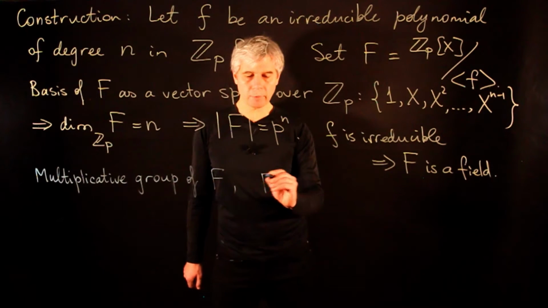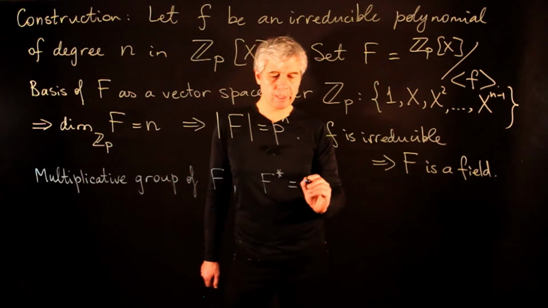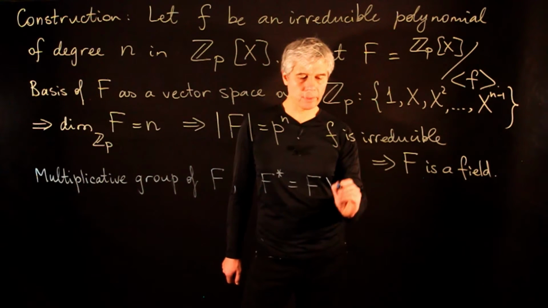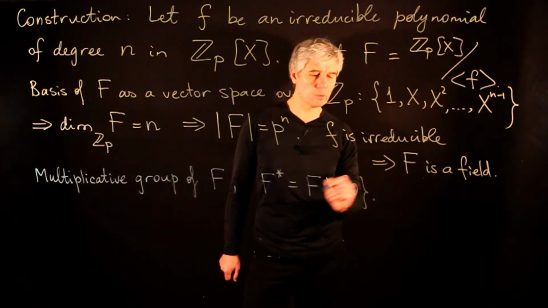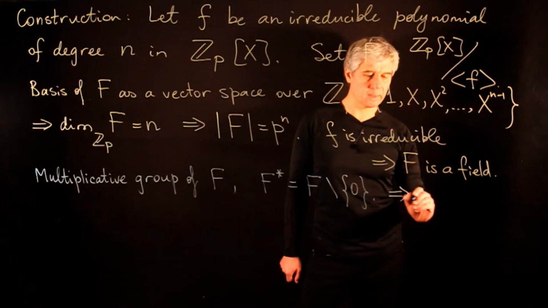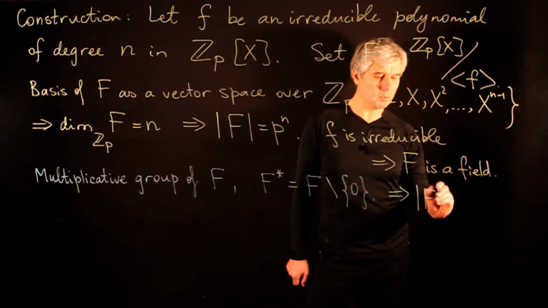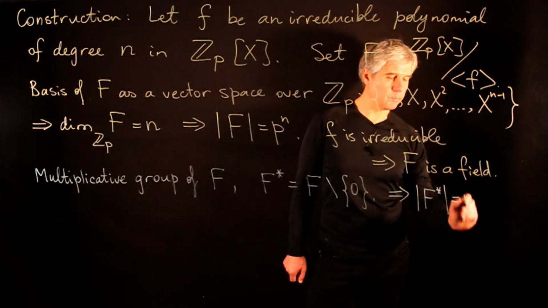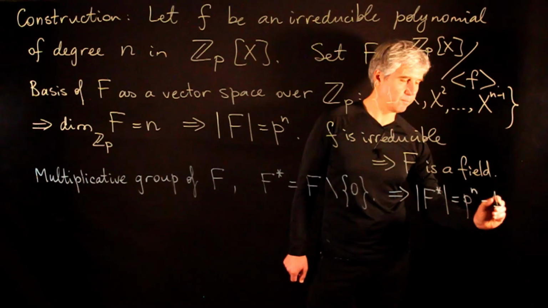This group is denoted F star, and we need to remove the zero element to get a group. So this tells us that the size of the multiplicative group is p to the power n minus 1.